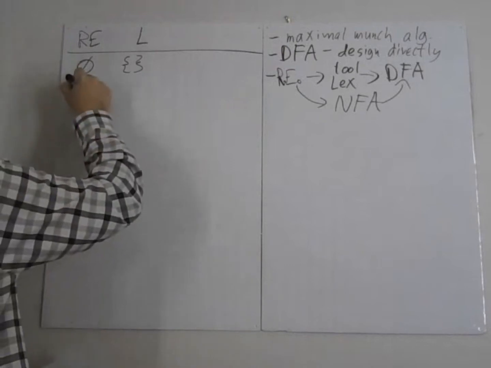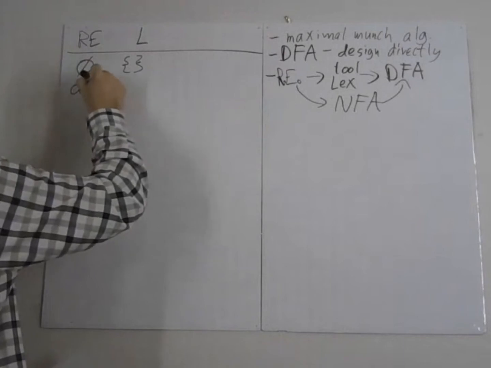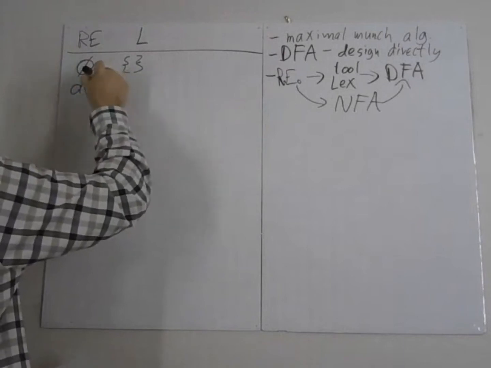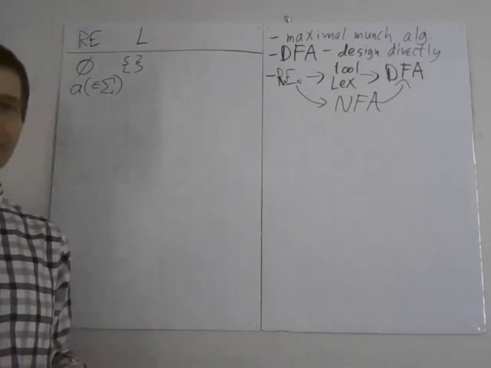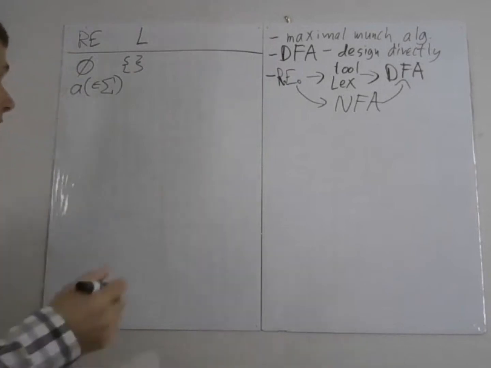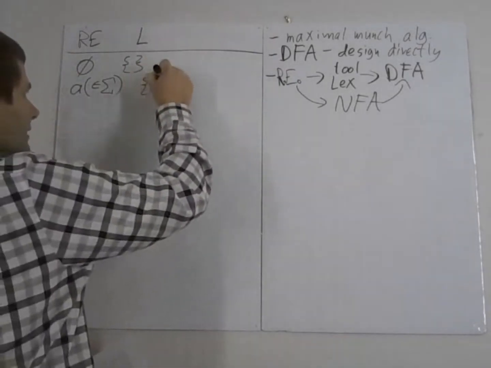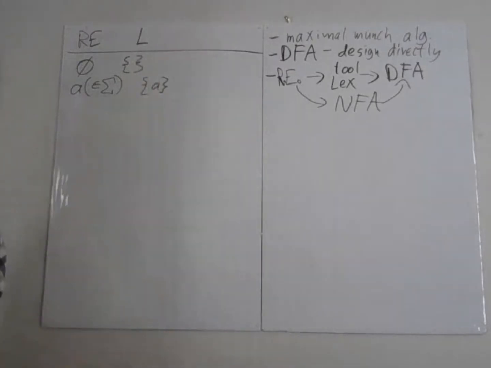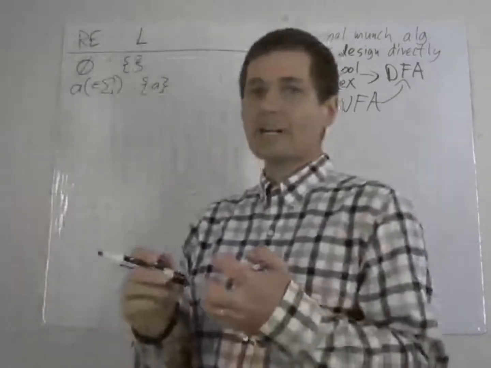If I have A as some symbol in my alphabet, so any symbol in my alphabet on its own is also a regular expression, and the language that that regular expression represents is a language with exactly one word in it.